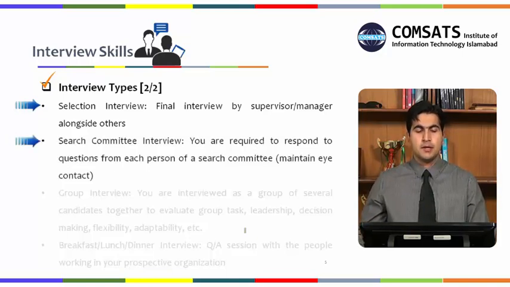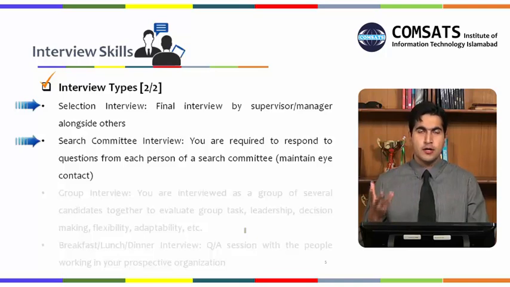Then the search committee interview, because in such a category of interview, you are basically required to respond to questions from each person. You have a committee of individuals and they really want to know how capable you are, and each and every one of those individuals within the search committee is doing research on you.